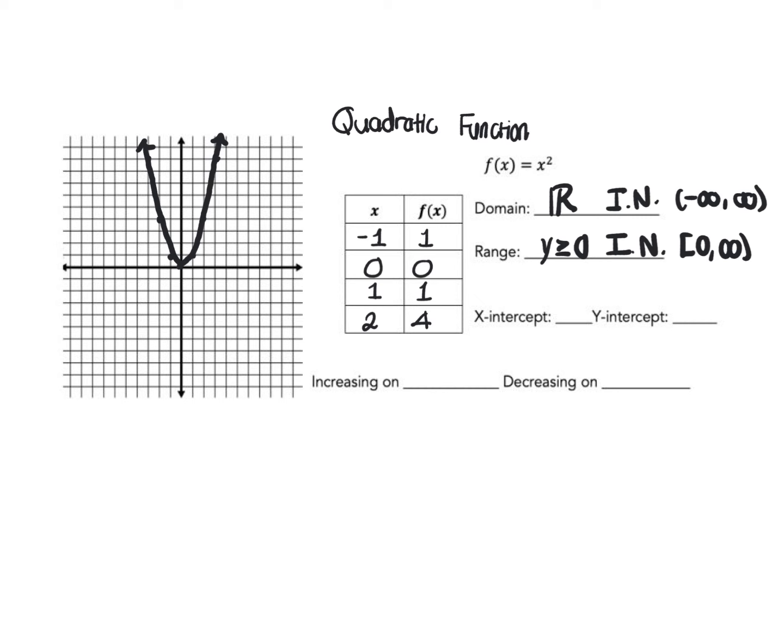The x and y intercept is here. This is 0, 0. So the x-intercept is 0, 0, and the y-intercept is 0, 0. Then this graph is increasing on 0 to infinity, and it's decreasing on negative infinity to 0.